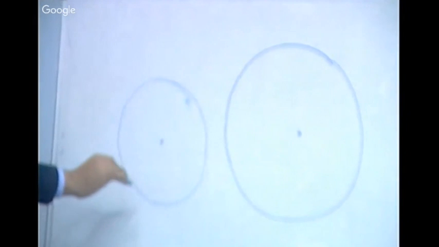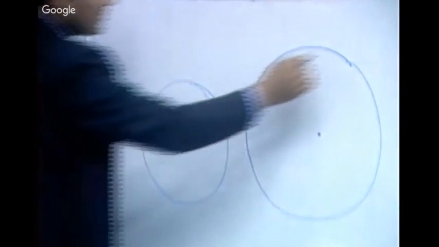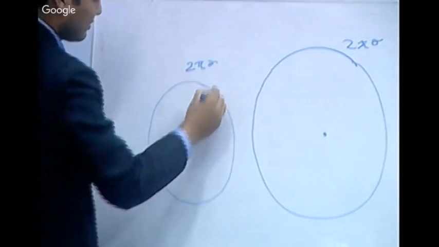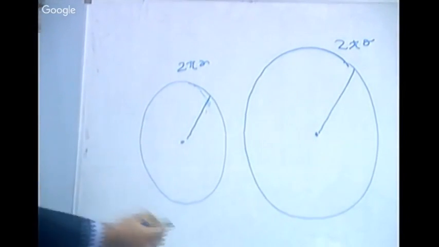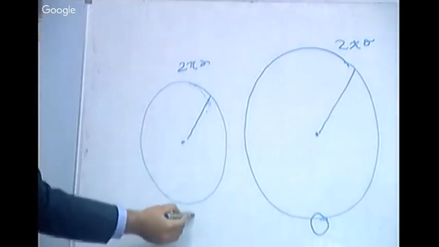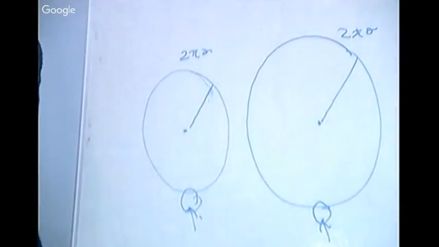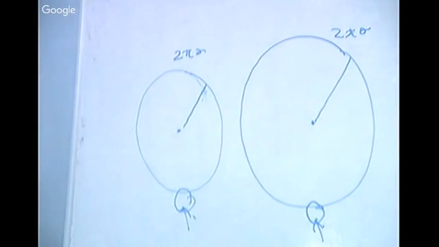So this is a small tire. This is a big tire. When my circumference increases, my radius gets increased at the increased rate. But at this point, the friction is going to act only in this particular area. When we integrate this contact area from small to big, there is not as much of a significant difference in the frictional resistance due to point contact.